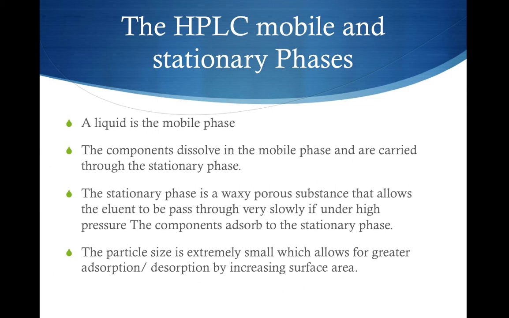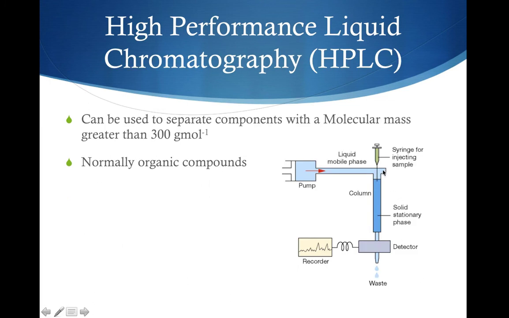As they go through, some of them are going to dissolve very well in that mobile phase and go through. Some of them are going to adsorb a lot to the stationary phase, and those ones are going to take a longer time to get through. They're all going to end up coming through and ending up out here. But those that adsorb very little and dissolve very well will come out quickly.